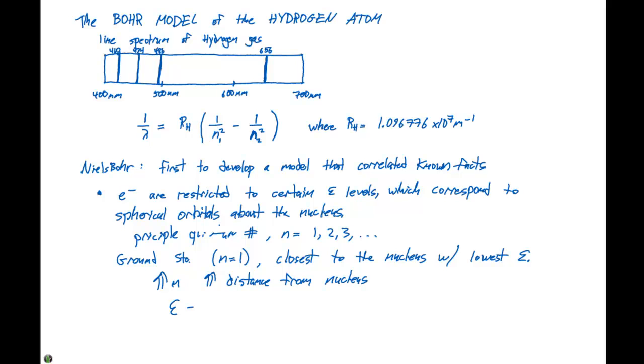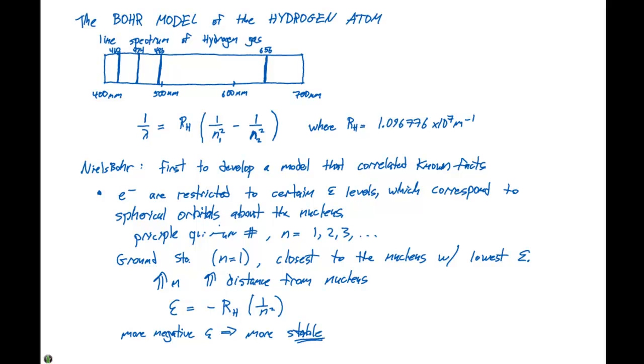So we can set up an expression now where the energy is equal to minus RH, which is our Rydberg constant, times 1 over n squared. The more negative the energy, the more stable.